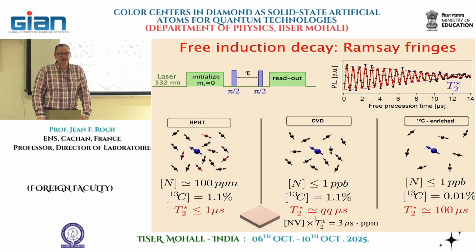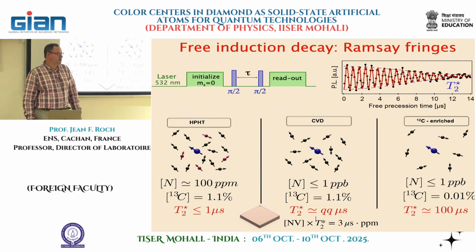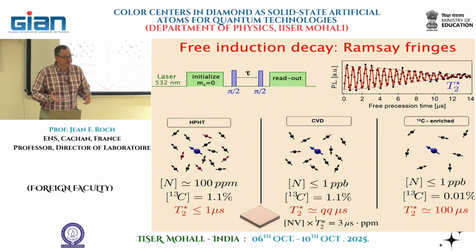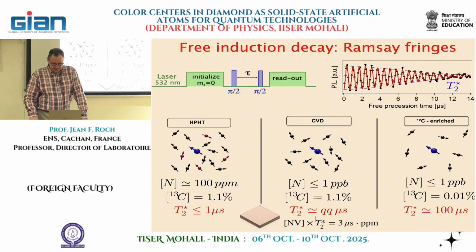So for instance, if I take nanodiamonds, the T2 star will be a few hundreds of nanoseconds for NV centers embedded in that. So to increase the T2 star, what you do is remove the nitrogen impurities as much as you can. You work with a nitrogen content that is parts per billion, and you can show that now the T2 star is limited by the carbon-13, the nuclear spin of the carbon-13.